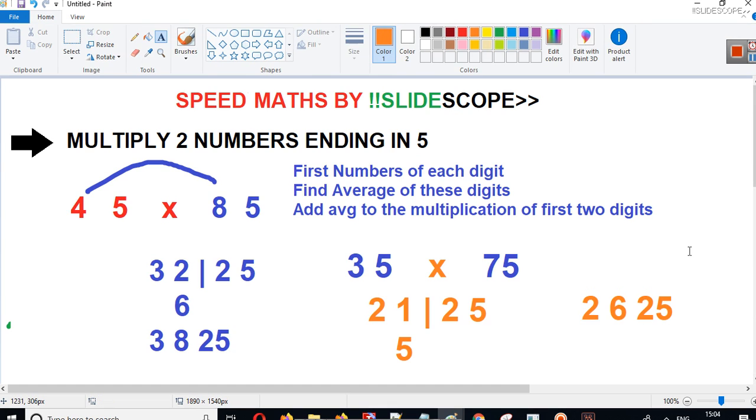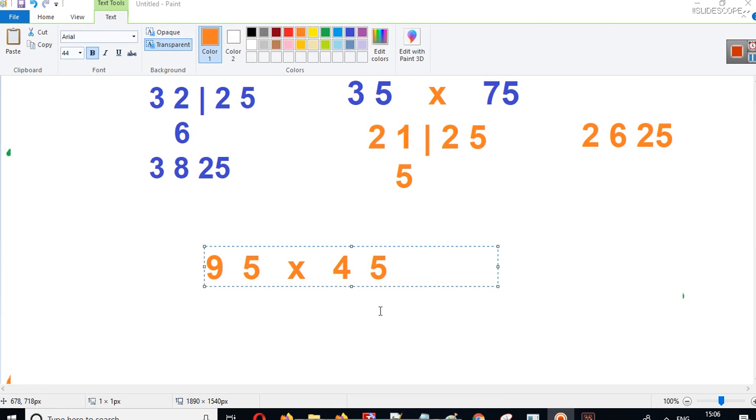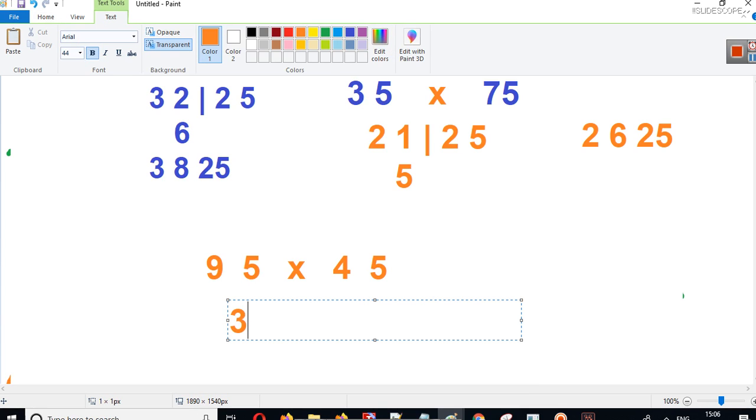Now in this case, the average that we are getting is not in decimals. So let's take an example of that also. We have another example here, 95 and 45. So simple, 9 into 4 is 36, put a bar, 5 into 5 is 25.